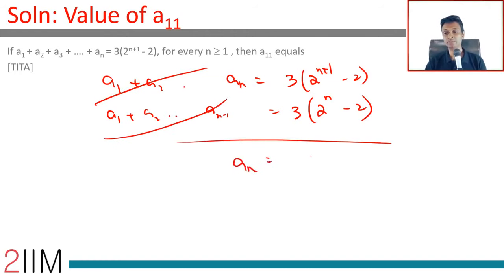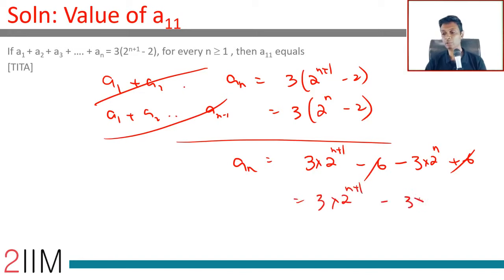We have only AN, which is 3 into 2 power n plus 1 minus 6 minus 3 into 2 power n plus 6. This is 3 into 2 power n plus 1 minus 3 into 2 power n, which is 3 into 2 power n into 2 minus 1. Just 3 into 2 power n, which is exactly what we got by filling in a few numbers.